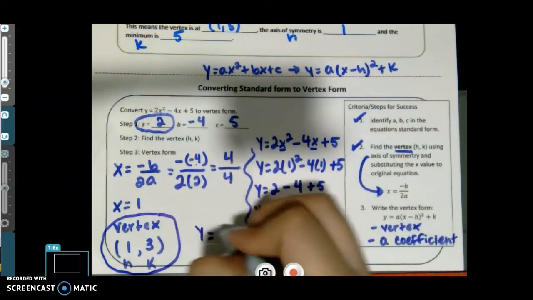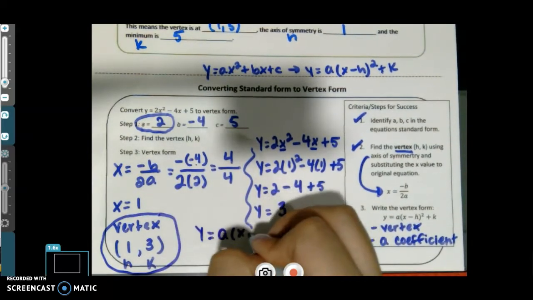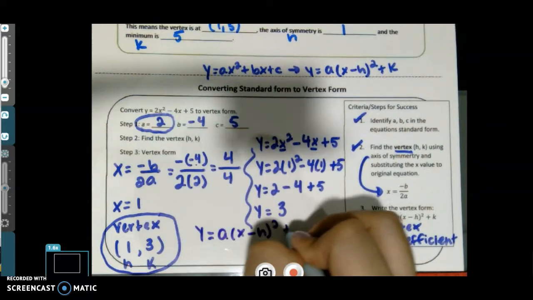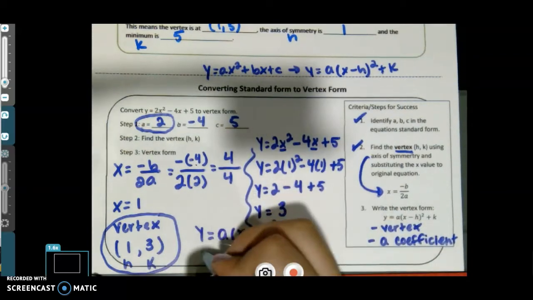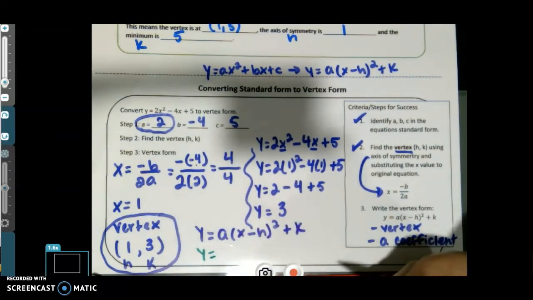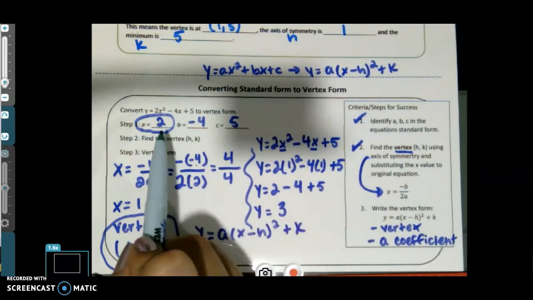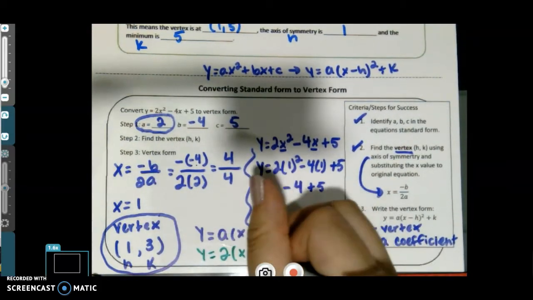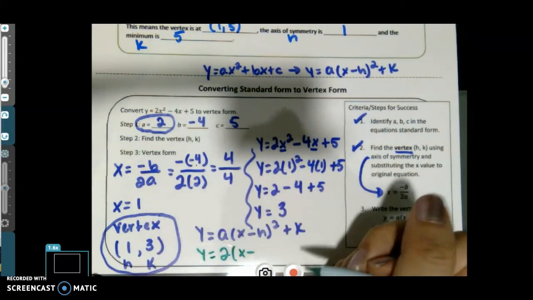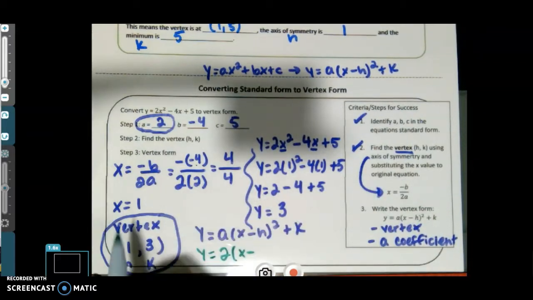y equals a parentheses x minus h squared plus k. So I'm going to go ahead and use a different marker so you can see this. So let's go step by step here. y equals, what's my a coefficient? It is 2, parentheses x minus, because that's part of the formula, minus 1, because my h value is positive.